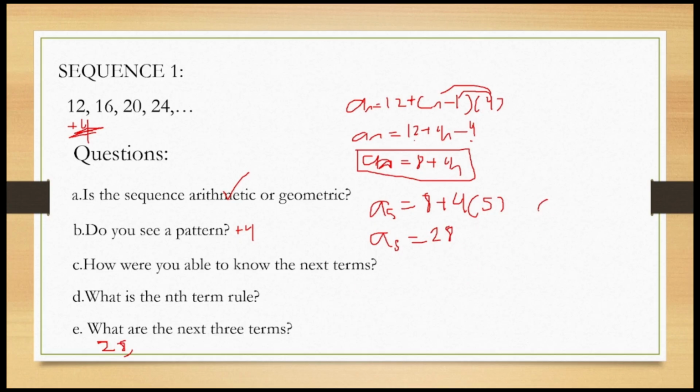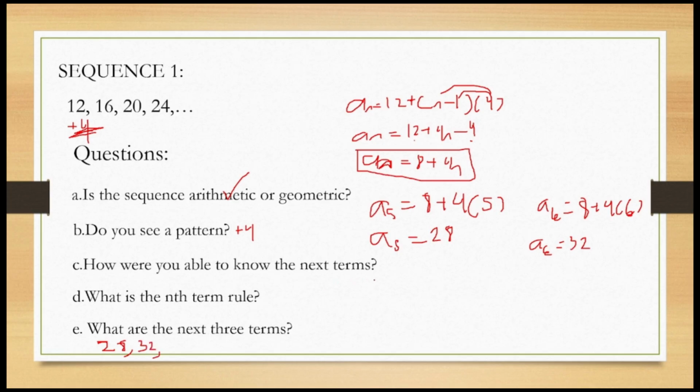Let's find the sixth value. a6 equals 8 plus 4 times 6. 4 times 6 equals 24, plus 8 equals 32. So 32.